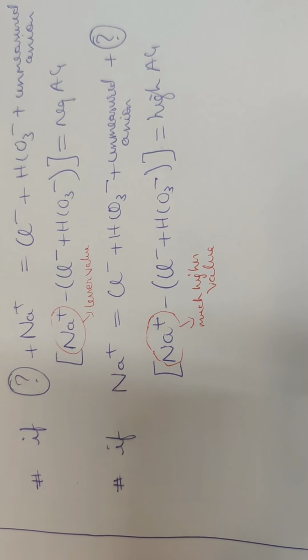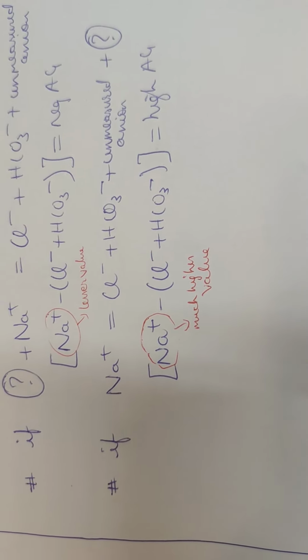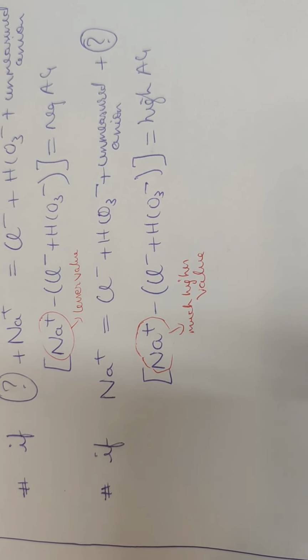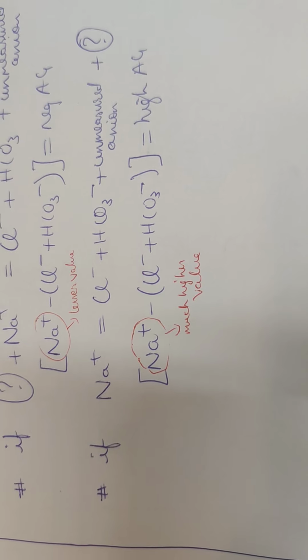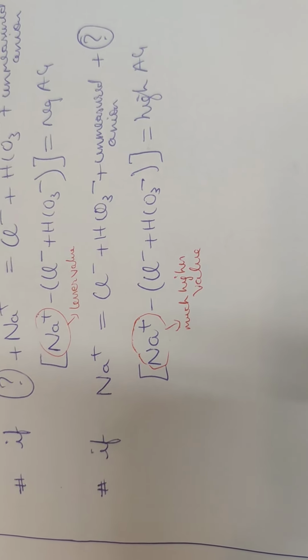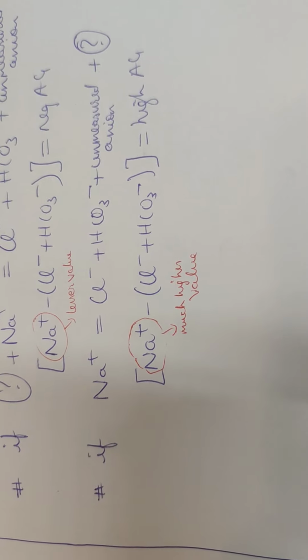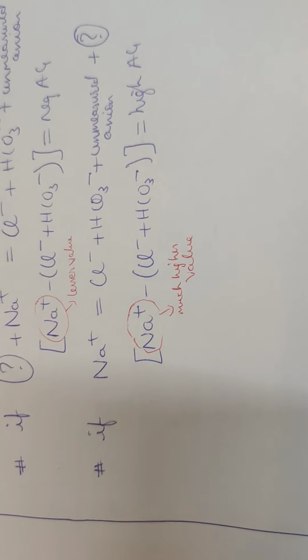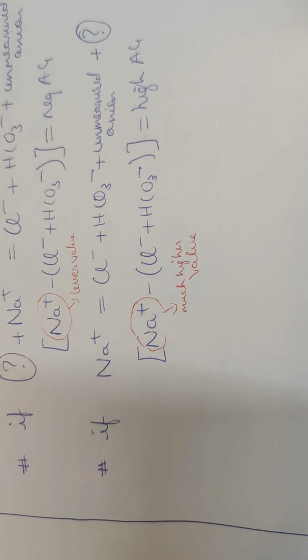Now the final case, the most important case, is if you have another unmeasured anion, for example lactate or some extra albumin. That extra is what I've depicted here.